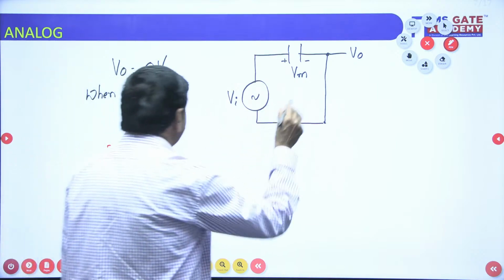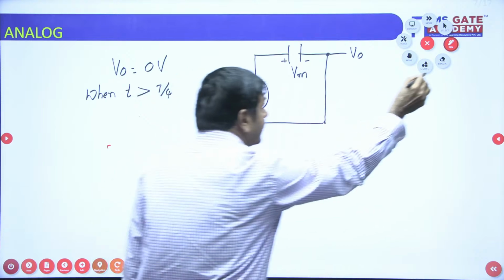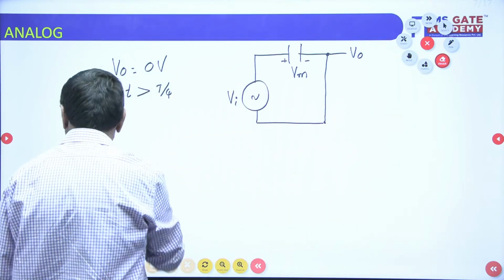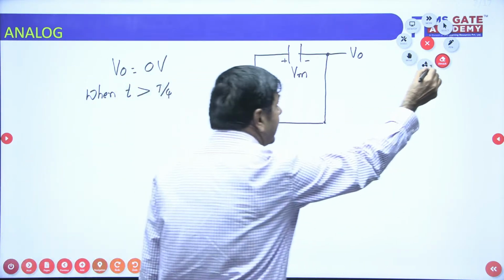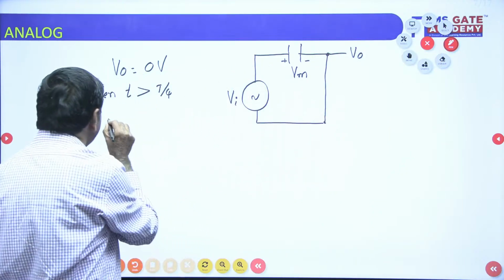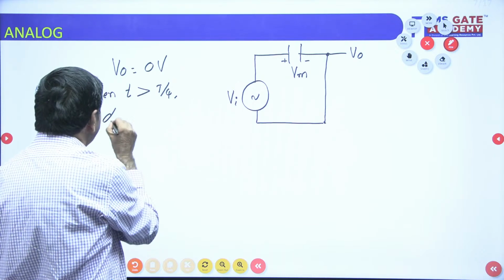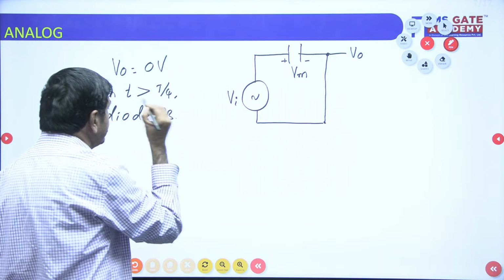I want to note down here: when t is greater than T by 4, the diode is reverse biased.